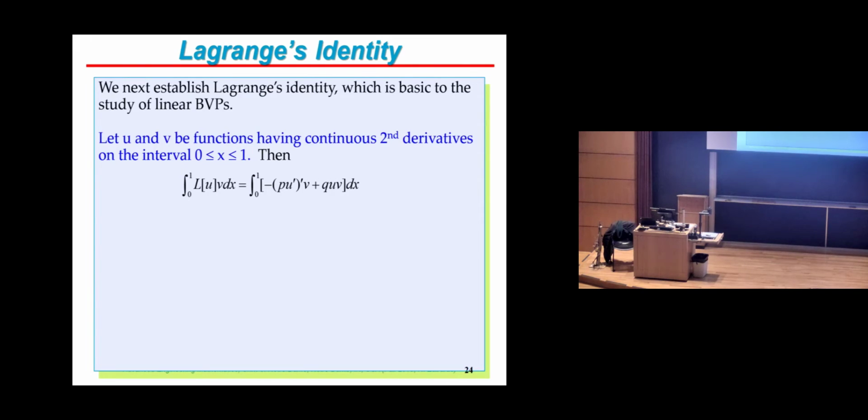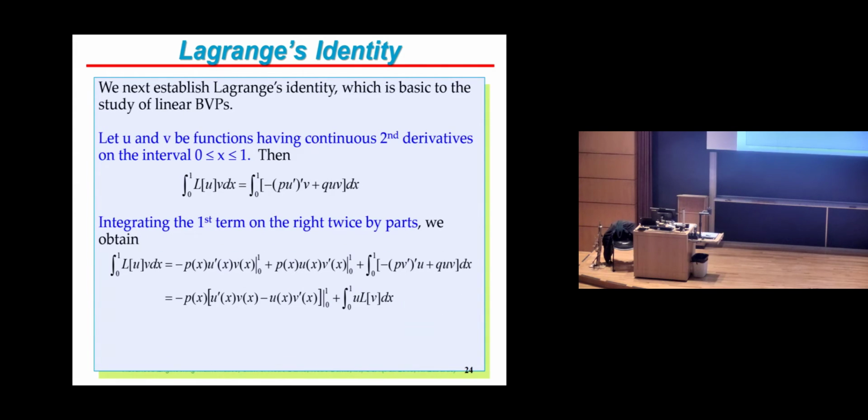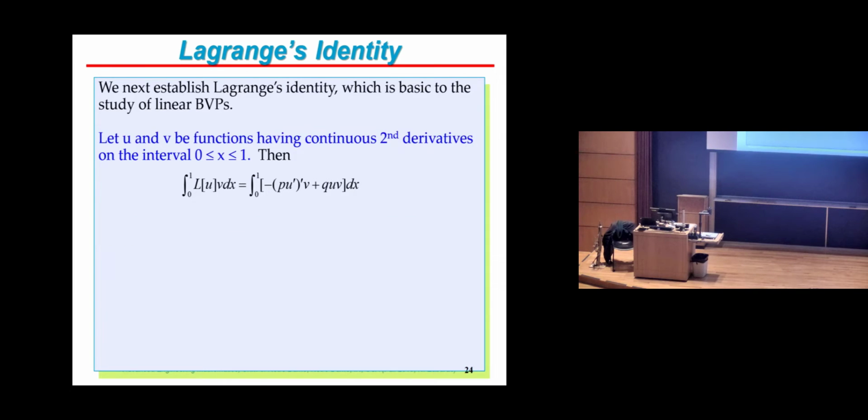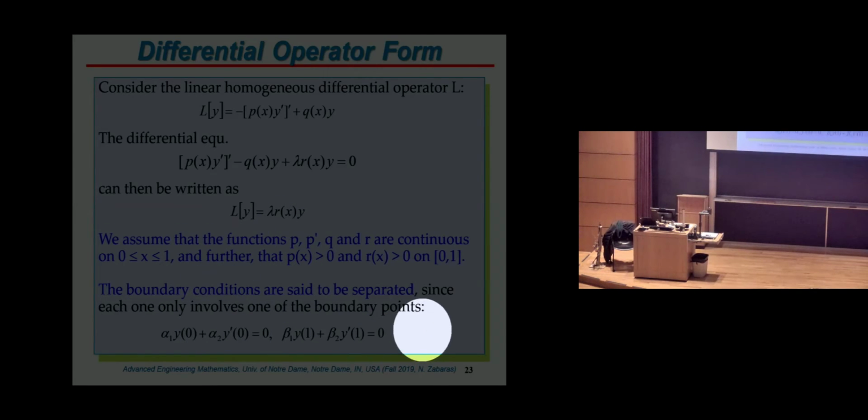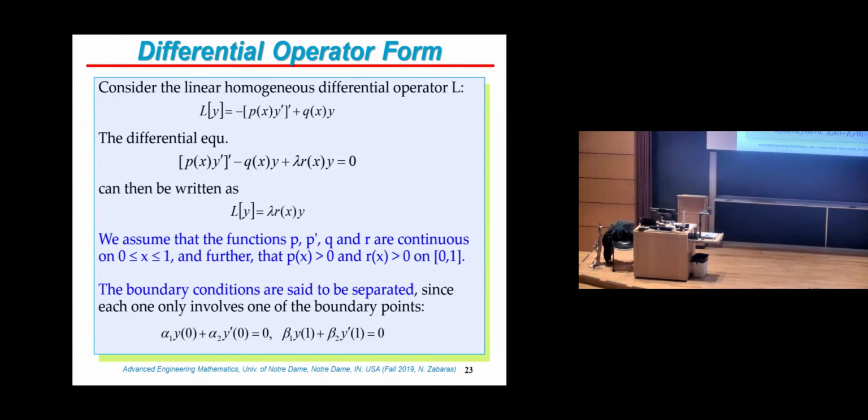They are arbitrary. Now, I'm going to make them have some relation with the differential equation. That condition is going to be that both u and v satisfy the boundary conditions that you see on the bottom. So they're not the solutions to the problem, but they satisfy the boundary conditions.